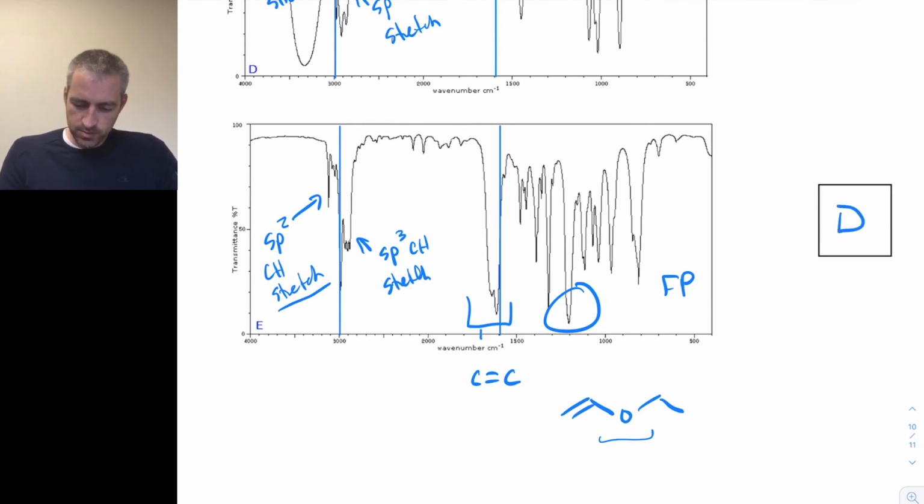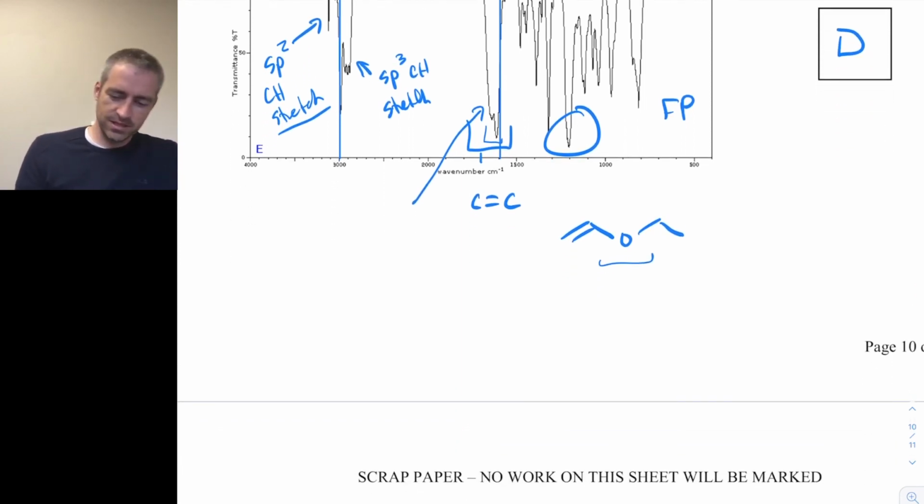Now, notice that this peak here is a little weird looking. It's stronger than you'd normally expect for a carbon-carbon double bond. It looks more like a carbonyl, except it's in the wrong place. It also looks like there's a double peak, two little mini peaks on the end there. That's due to a peculiarity of this particular molecule, which has lone pairs.